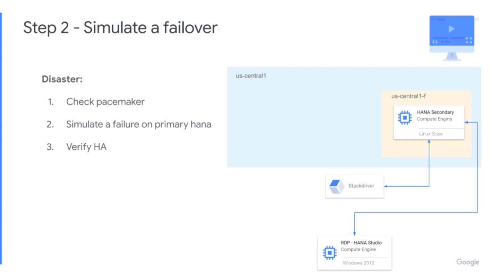So what we want to see now on step 2 is the configuration of pacemaker, then we want to simulate a failover, and see how the HA will kick in and make sure that there is continuity and high availability on this cluster if something happens to the primary instance.